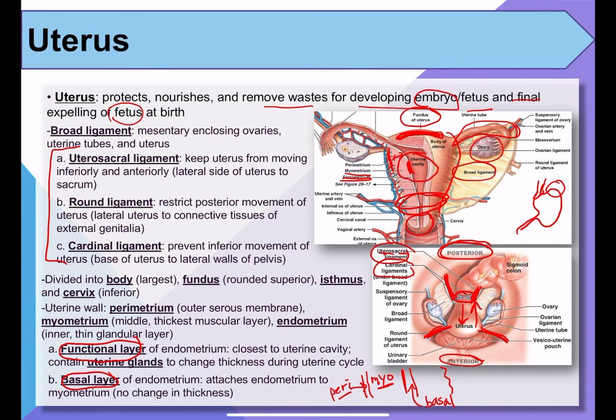And then you have a very thick functional layer of the endometrium. Usually this is packed with spiral arteries that provide oxygen and blood within that area, and it changes in thickness throughout the menstrual cycle.